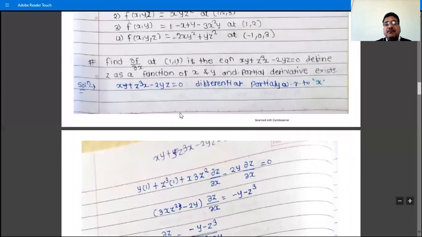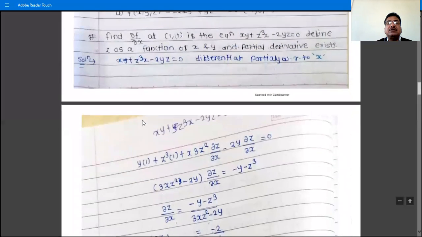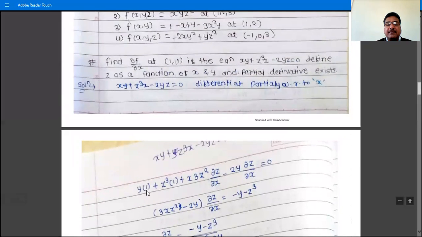So write this equation, and then differentiate this equation with respect to x, because we have to find ∂z/∂x. If the question is find ∂z/∂y, then differentiate with respect to y. So differentiating with respect to x, what do we get? x into y. The derivative of y is itself, because y is constant with respect to x, and the derivative of x is 1. Then z cube into x, use the u into v rule, because z is a function of x and y.